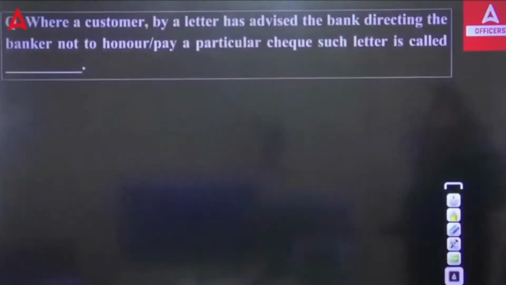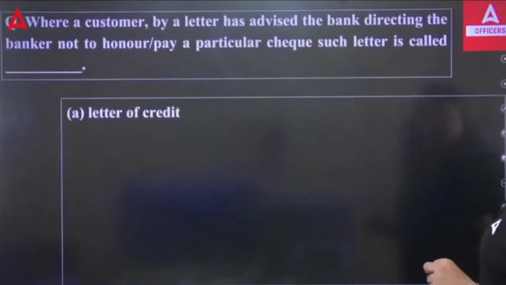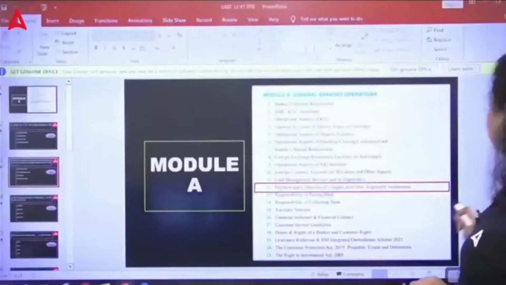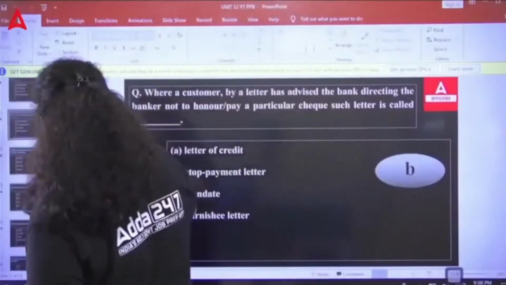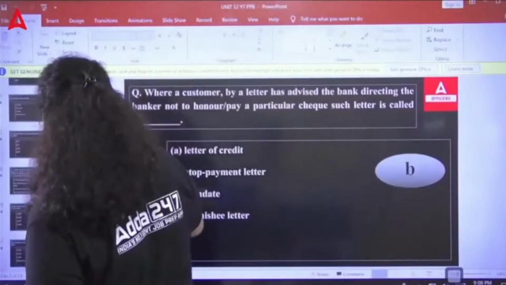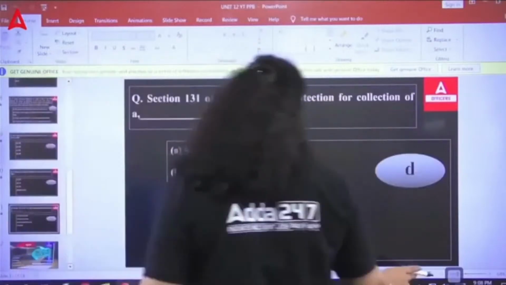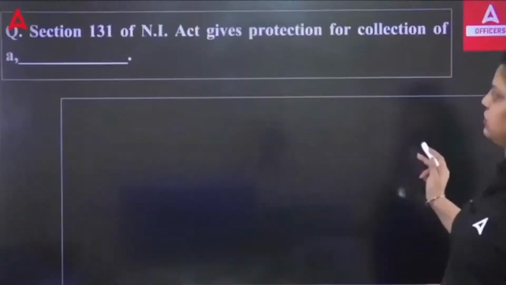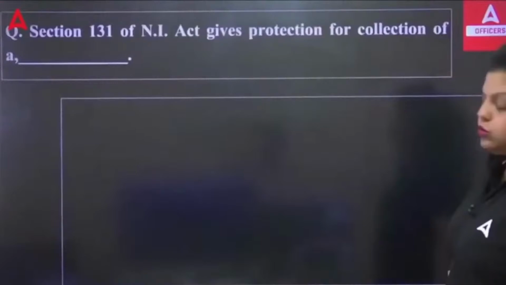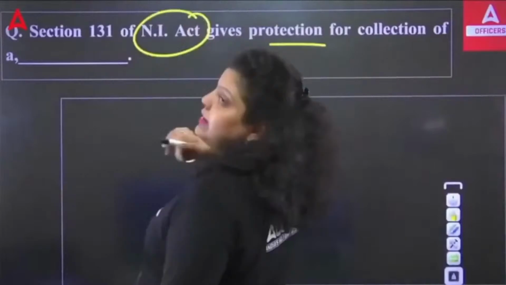Now, the second question. We have talked about Section 131 giving protection to your collecting banker, but in what condition? This question is related to the first one. Section 131 of the Negotiable Instrument Act gives protection for collection of a dash.